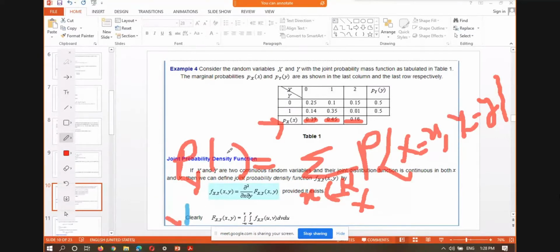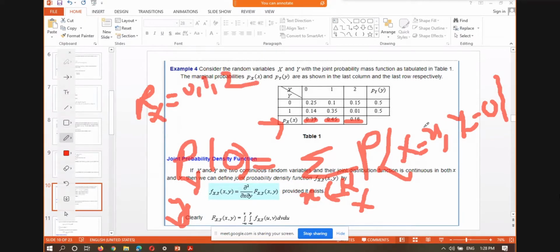Like for 0, if I want to calculate, this y is replaced by 0. And now I have to run this summation over Rx, and Rx takes three values. Here Rx is 0, 1, 2.